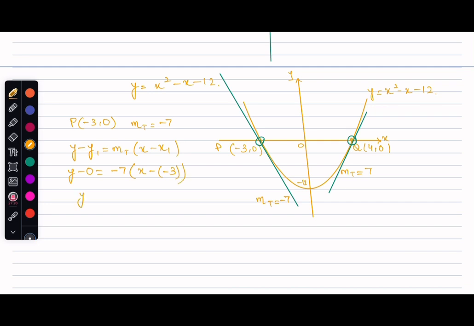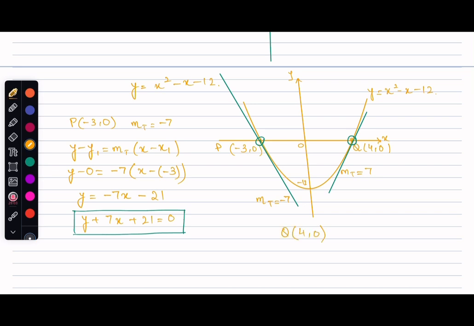So y equals negative 7x minus 21, or I can say 7x plus y plus 21 equals 0. This is one of the tangent equations that I should be having at point P with x coordinate negative 3. Similarly, for point Q, I should be carrying out the same method.